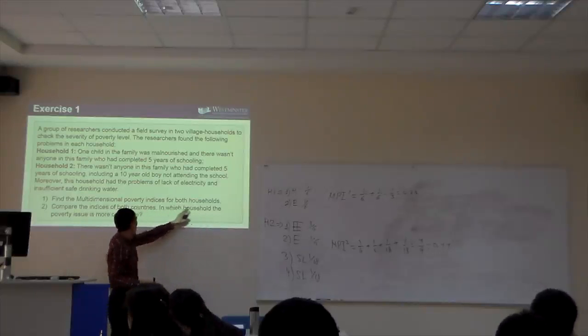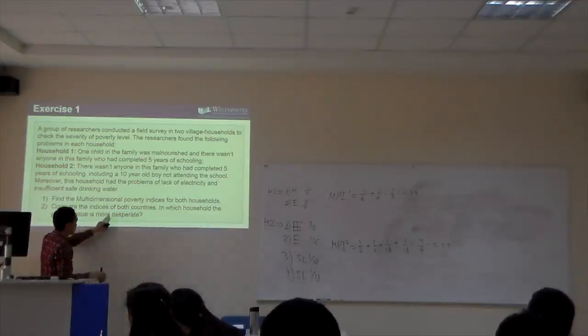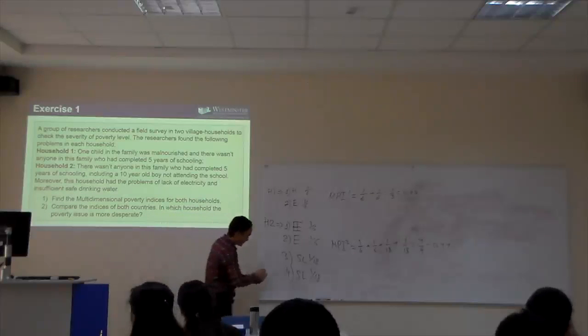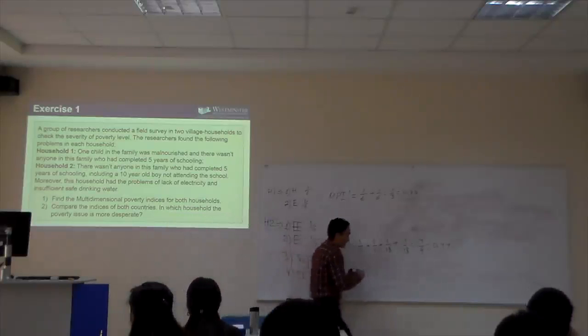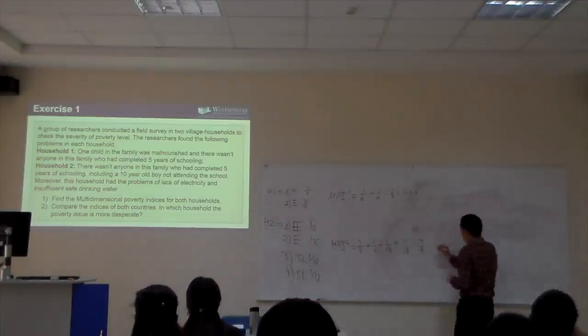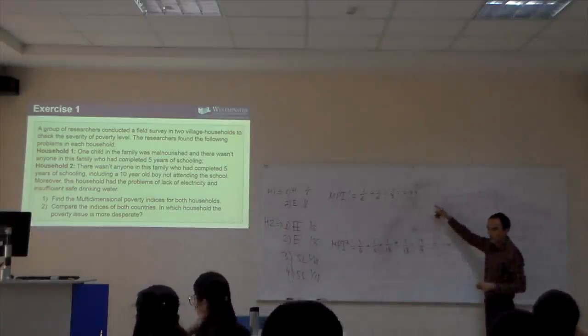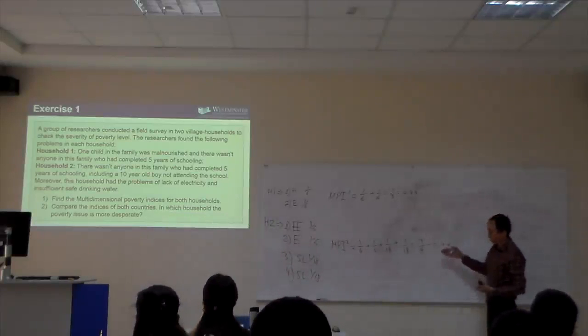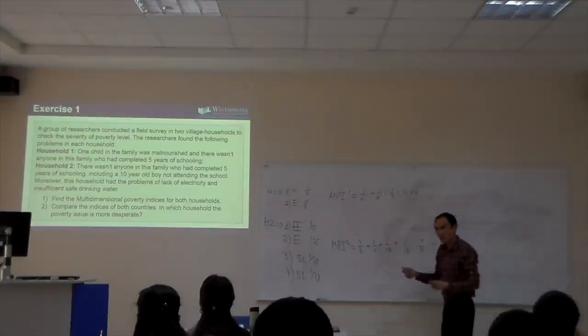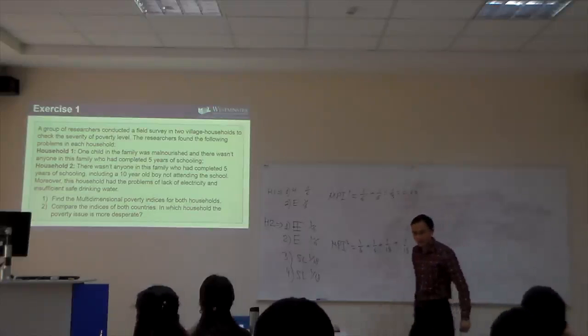In which household is the poverty issue more desperate? Because the index is much greater in household 2 compared to household 1, our conclusion is the poverty issue is more serious in household 2, right?